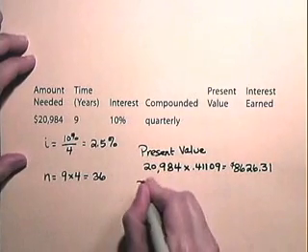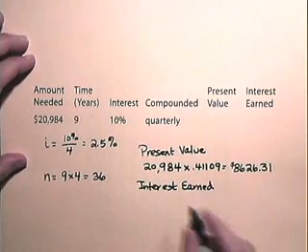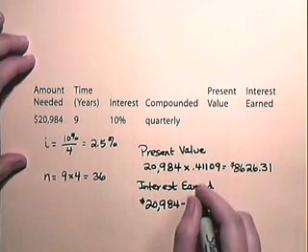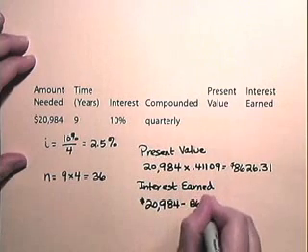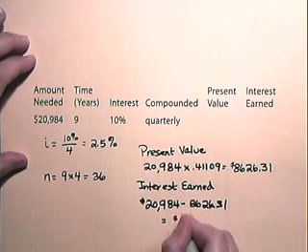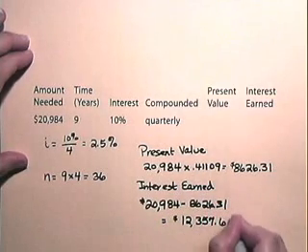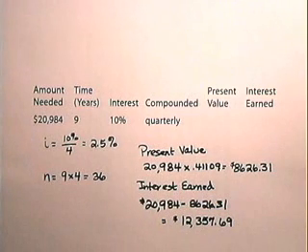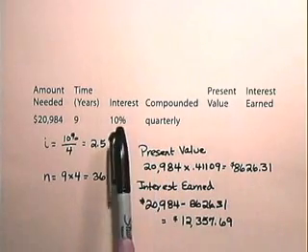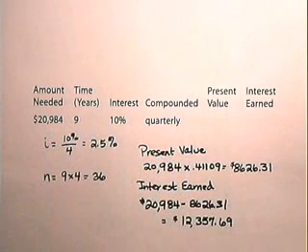And the interest earned is $20,984 subtract $8,626.31, and the interest earned is $12,357.69. So $8,626.31 invested today at 10% compounded quarterly will grow in 9 years to $20,984.